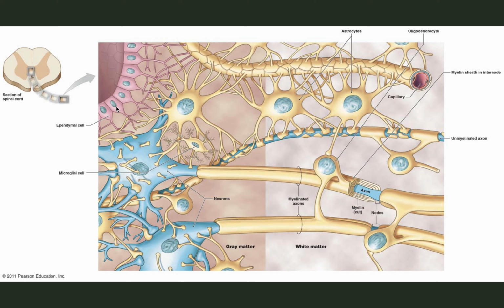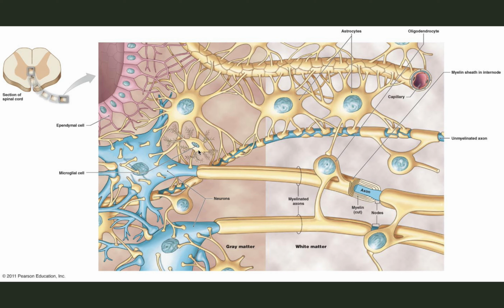They produce cerebrospinal fluid, or CSF for short, which cushions and surrounds our brain and spinal cord. There are some special cells called ependymocytes, which help circulate the cerebrospinal fluid. And then there are tanycytes, which transport substances between the cerebrospinal fluid and the brain.